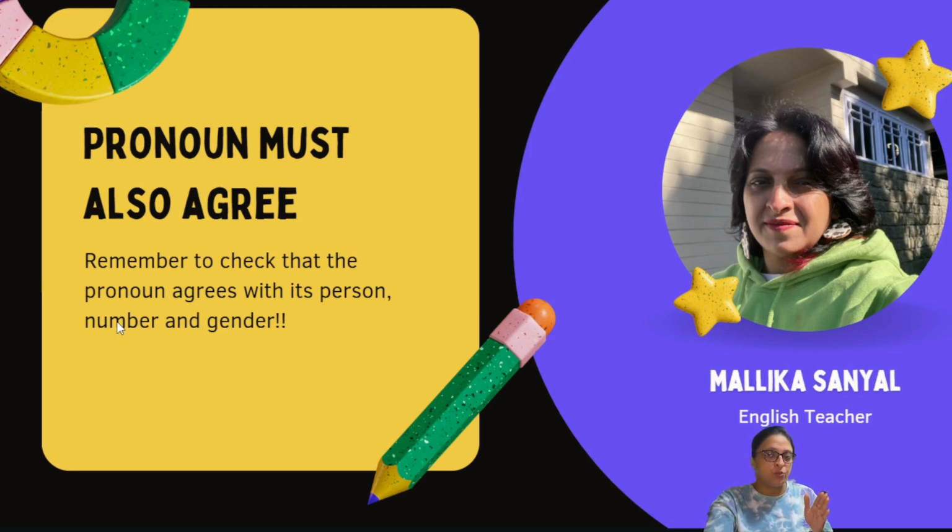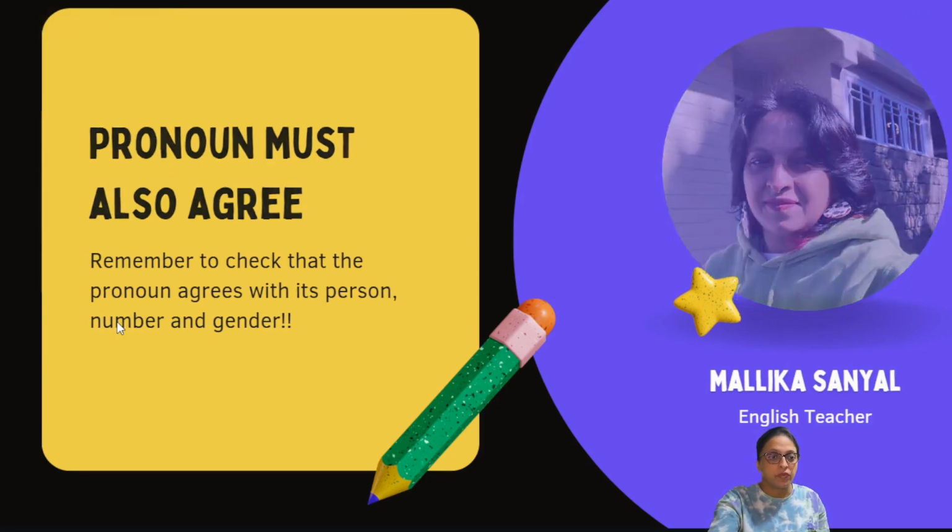If I want to mean the same person, he will take his, she will take her. So later on, whenever we are referring to the subject again with the help of a pronoun, that must agree with the gender which was used earlier and also with the person and number. So let us see an example of that.